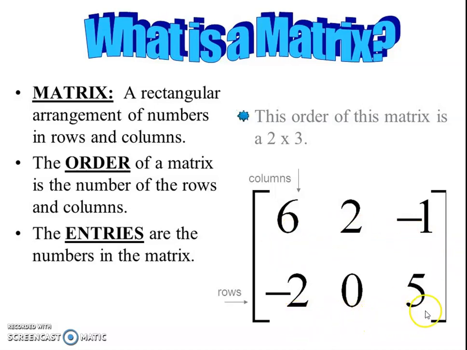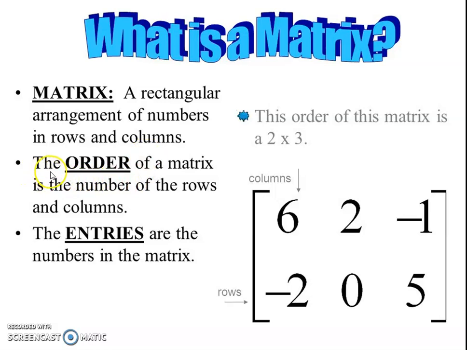Minus 2, 0, 5 is the second row. 6, minus 2 is the first column. 2, 0 is the second column. Minus 1 and 5 is the third column. It looks like the determinant pattern, but it is enclosed in square brackets. You must remember that. That's why a matrix is a rectangular arrangement of numbers in rows and columns.